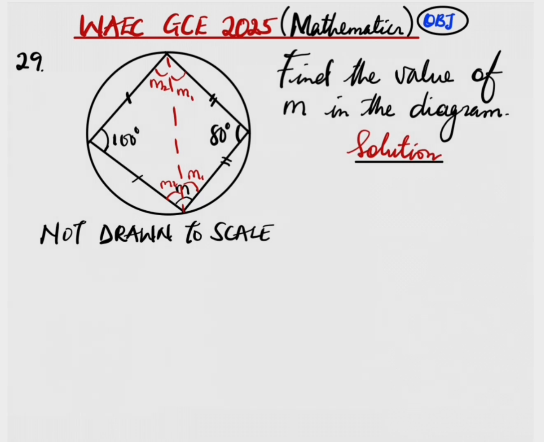From the first triangle containing m sub 1, we know that the sum of angles in the triangle is equal to 180 degrees.